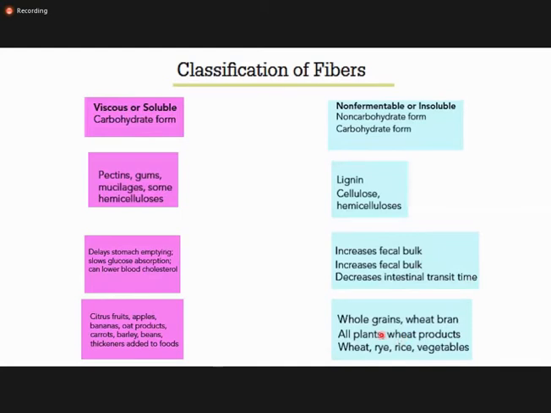The major sources of these insoluble fibers are whole grains, wheat bran, all plants, wheat products, wheat, rye, rice, and vegetables.